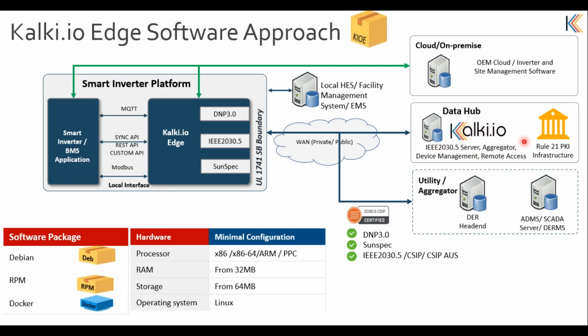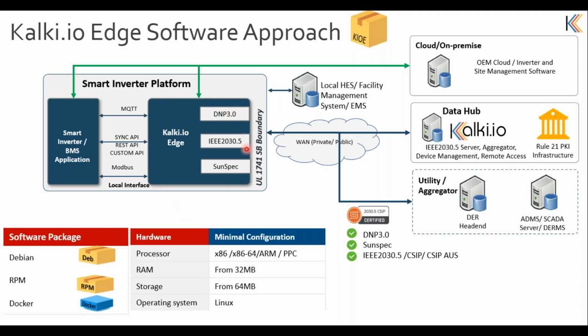And from the data hub, you can share it with an external system over REST APIs or Kafka or whatever the IT interface layer is which is required to integrate with the external application. And this will also allow you to exchange the data with your own cloud, that is your own OEM cloud or inverter management systems or site management software, and also avail this data directly over the internet.